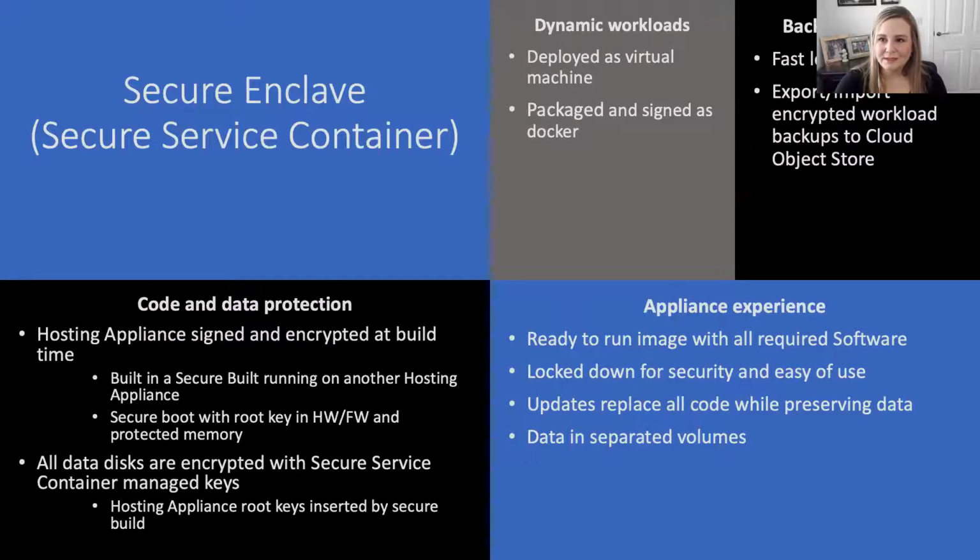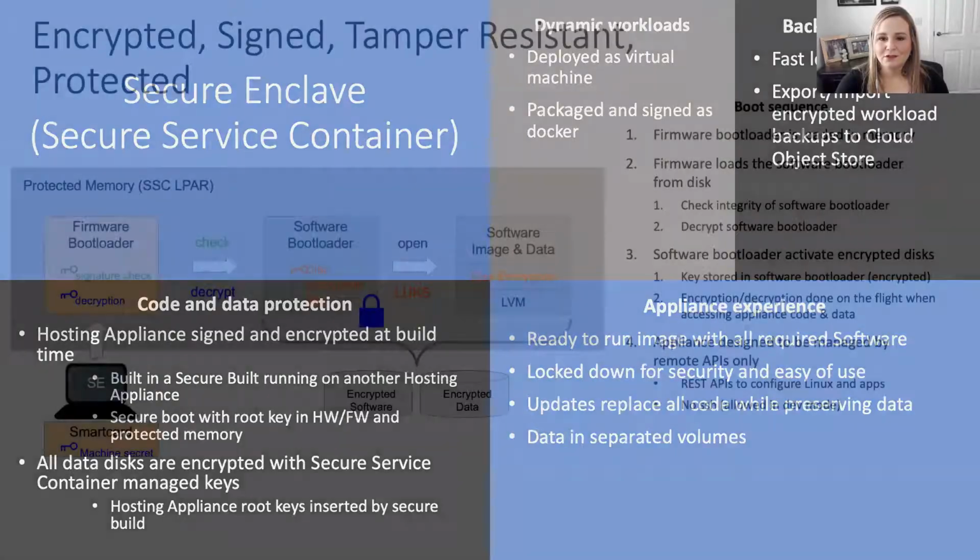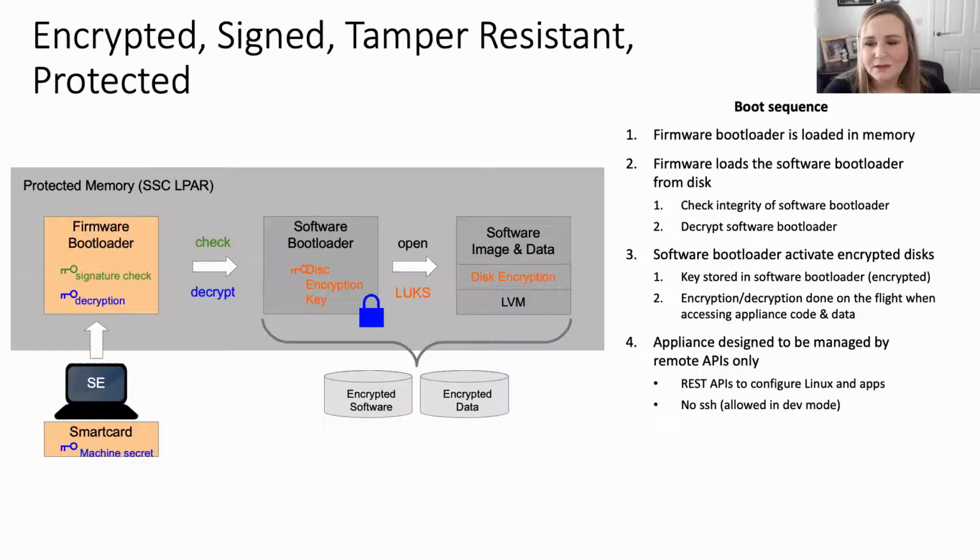So let's dive a bit deeper and take a look at what this actually looks like. This is basically looking at the hardware level of the environment and what's going to happen. So this is the boot sequence. If you're familiar with Z hardware at all, you have this SE, or service element, and you could potentially authenticate with the service element through a smart card.